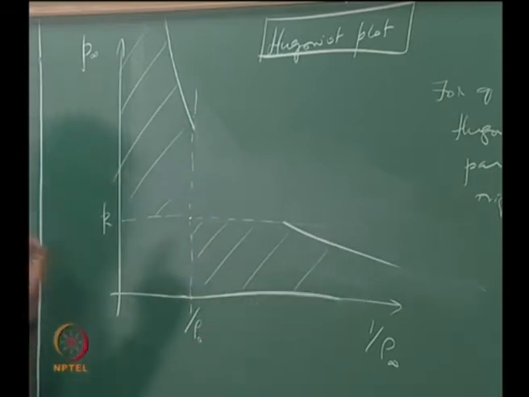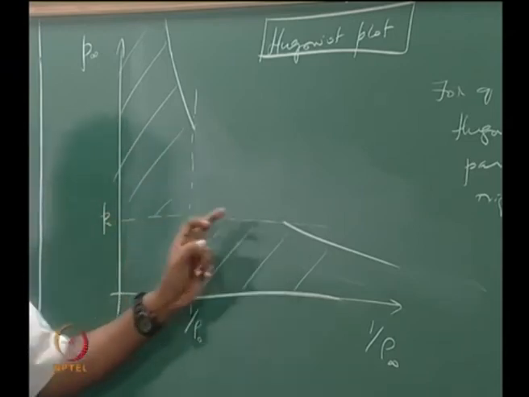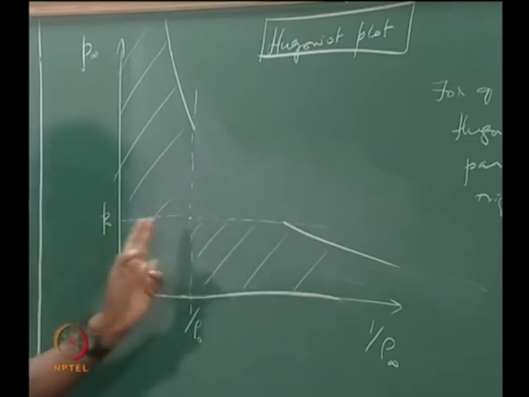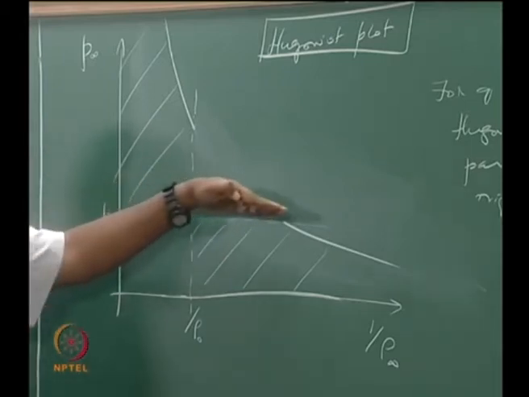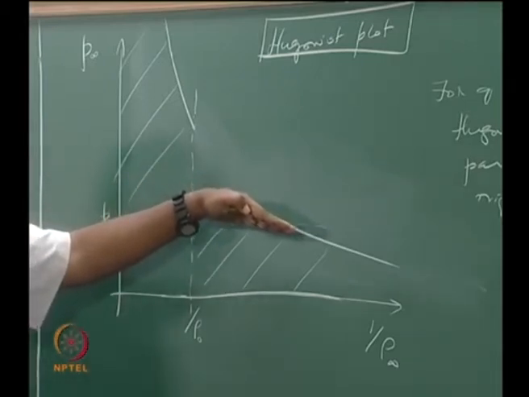It means two things. One, your final pressure is about the same as the initial pressure. Okay, the pressure hardly changed when the flow went past this wave. Second, this Rayleigh line has almost like a zero slope.